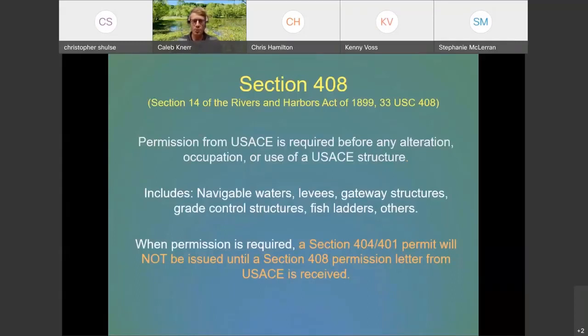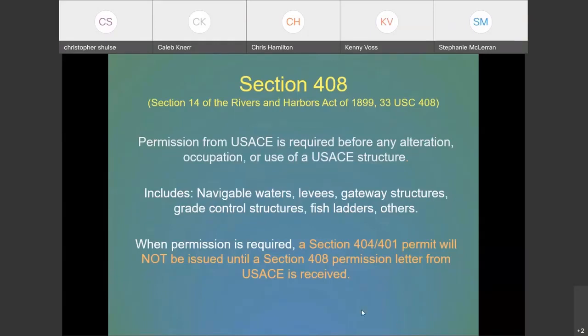These can include navigable waters, levees, gateway structures, grade control structures. Section 408 is required for projects that alter or occupy federally constructed projects.